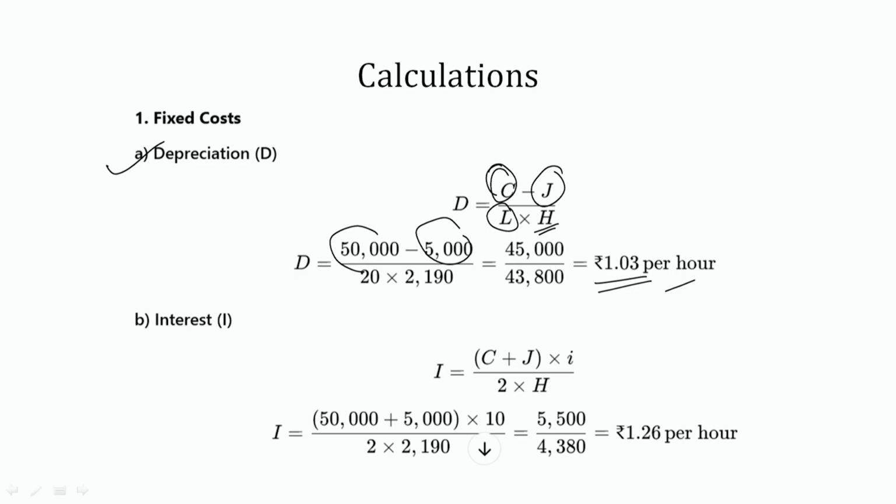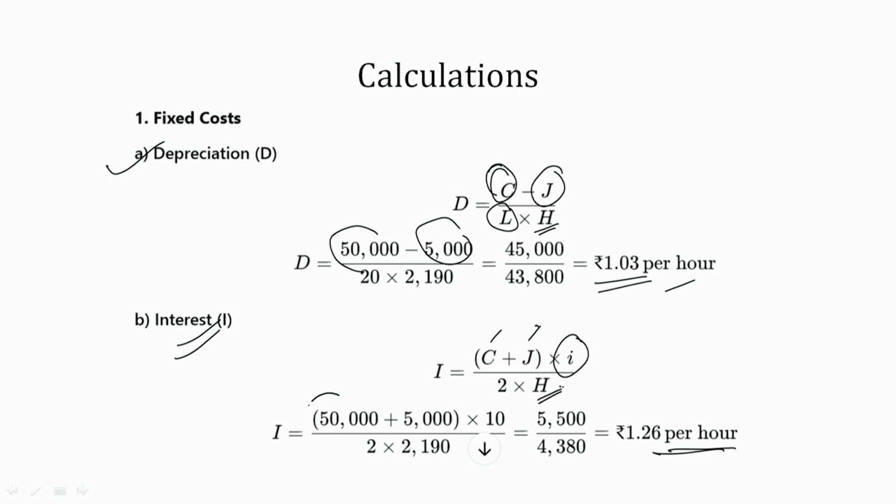Everything we are calculating here will come in rupees per hour. Now the interest, in the form of rupees per hour. To calculate this, C is the installation cost, the junk value is as before, and H is the annual working hours.